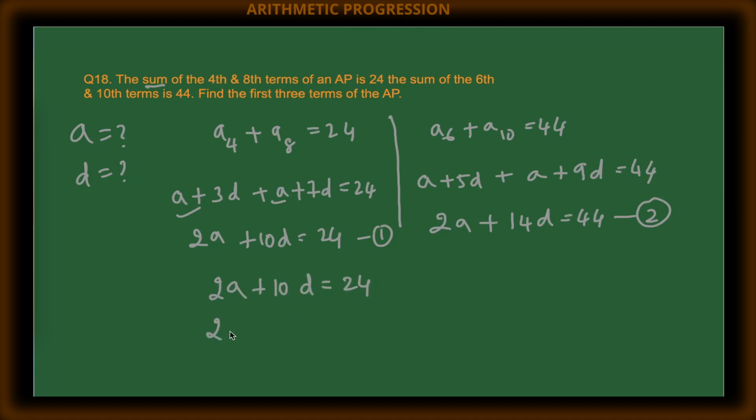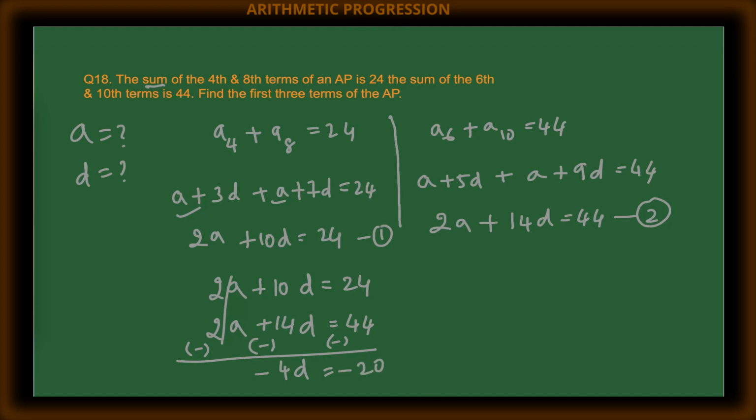Let's bring the second equation: 2A plus 14D is equal to 44. Let's subtract. The 2A gets cancelled. 10 minus 14 is minus 4, so 4D is equal to minus 20.